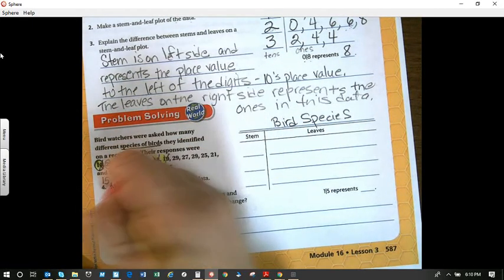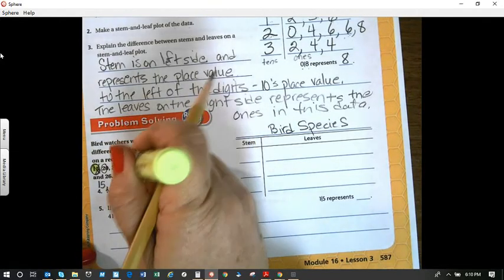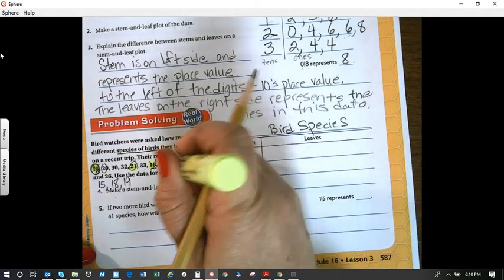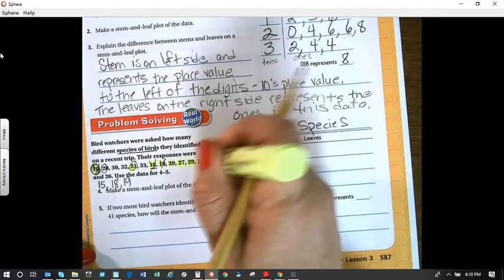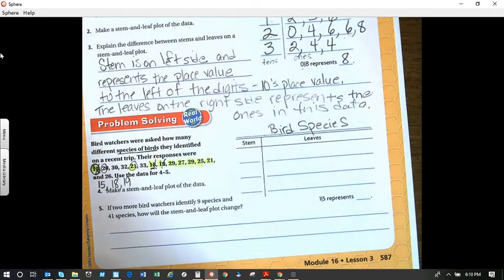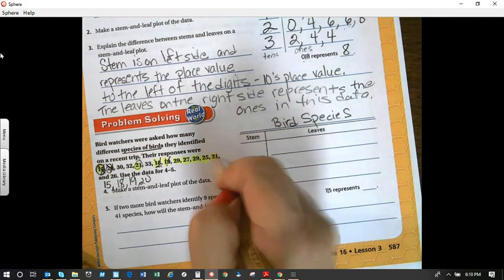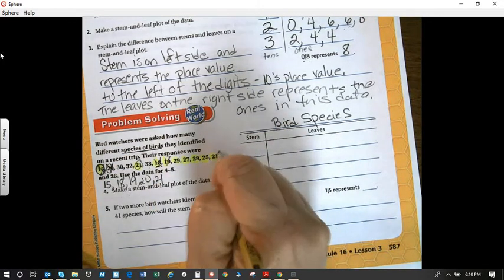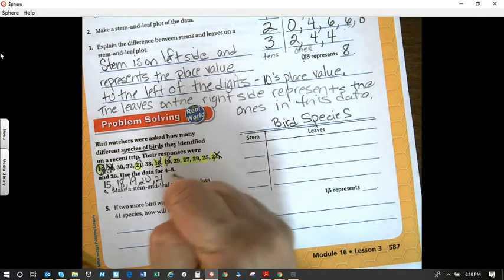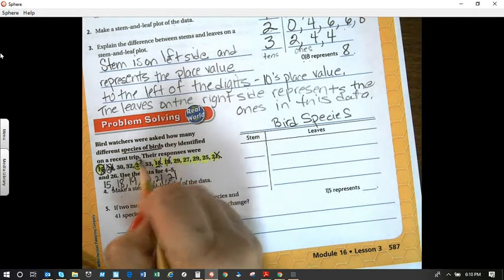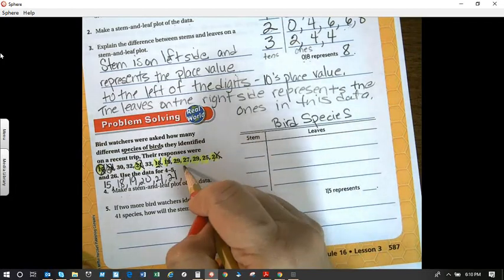Now you have the 20s: 20, 29, 25, 25. The smallest one is 20. Cross that out. Next one is 21. Cross this out. Oops, I have two 21s. Cross that one out. And then I have 27.